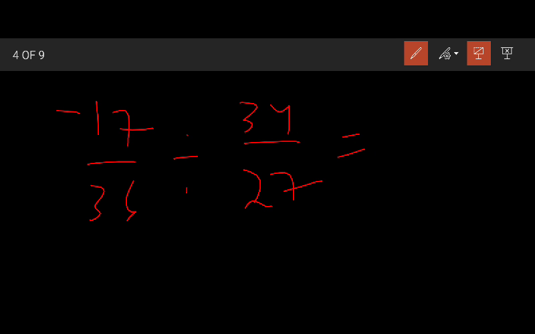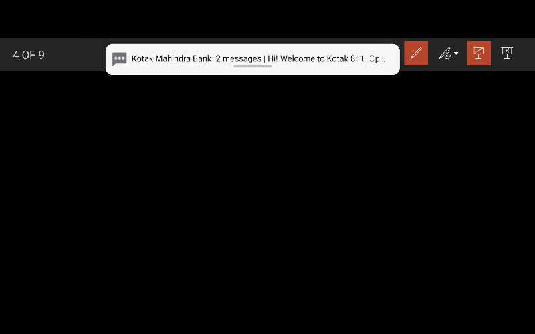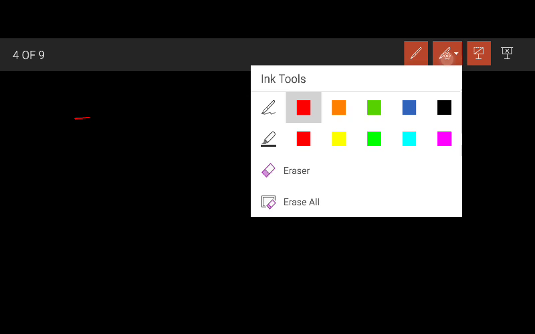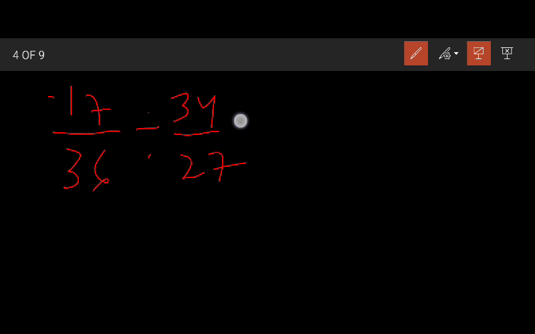So minus 17 by 36 divided by 34 by 27 is equal to minus 17 by 36 multiplied by 27 by 34.